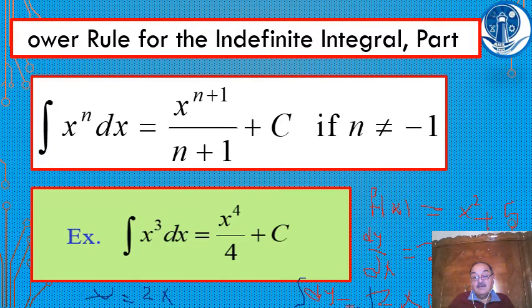Add 1 to the power, it will be x power 2 over 2, plus here we have 5, maybe 4, maybe 7, maybe any number, plus c. Cancel 2 with 2, then the real function is x squared plus c. Do you understand? Then the antiderivative is to add 1 to the power and then divide by the new power, plus c. Very important, plus c. Please don't forget it.